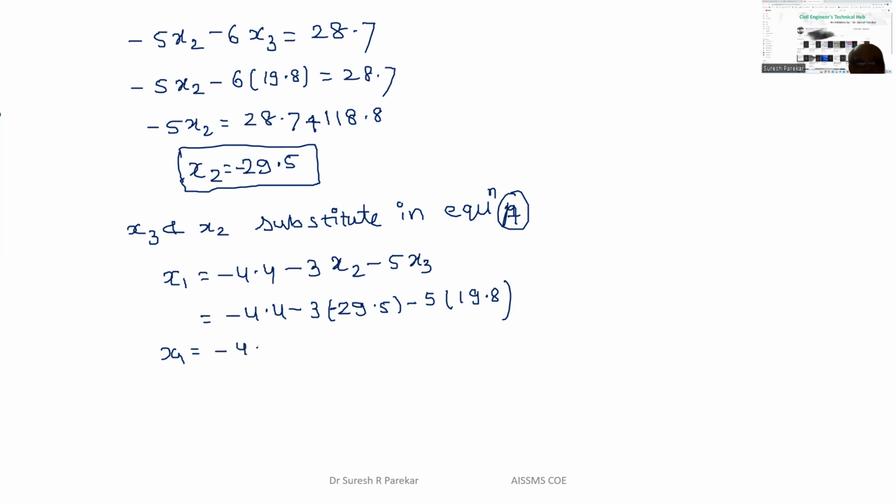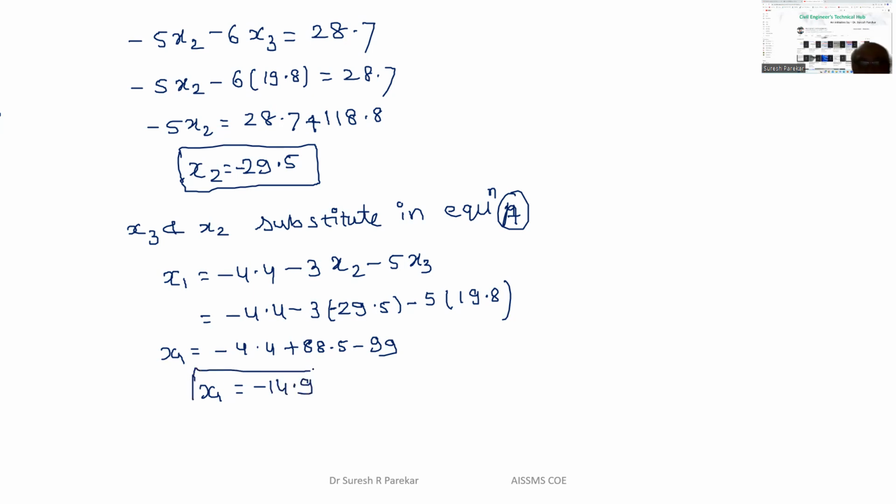So we have minus 4.4 plus 88.5, minus 5 into 19.8 is minus 99. And from this we will get the value of x1, that is equal to minus 4.4 plus 88.5 minus 99 is minus 14.9.